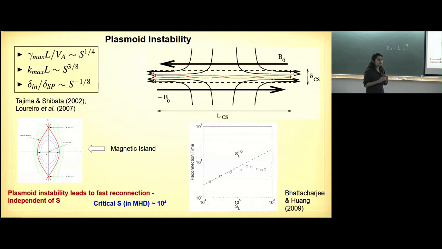So in many of the previous simulations, people had not seen this plasmoid instability because you really need large Lundquist numbers for this to occur. And so that's why it is more of a recent discovery. And you can see that below 10 to the power of 4, the Sweet-Parker scaling prevails, and it's only above some critical Lundquist number that the plasmoid instability occurs, and then the rate becomes independent of the Lundquist number and so on.